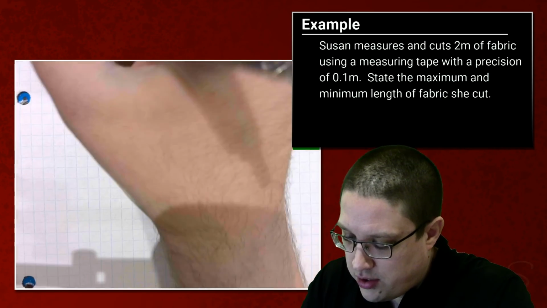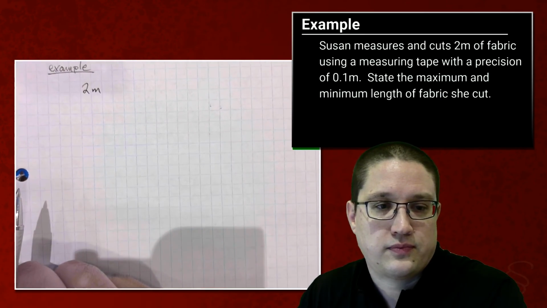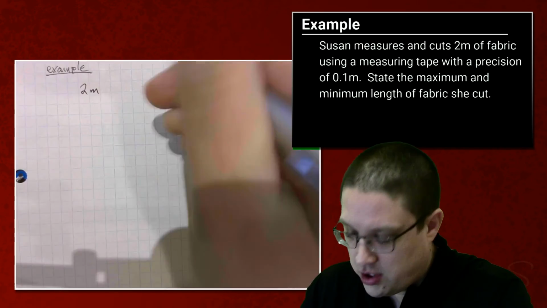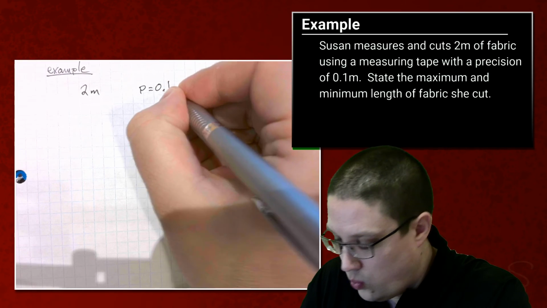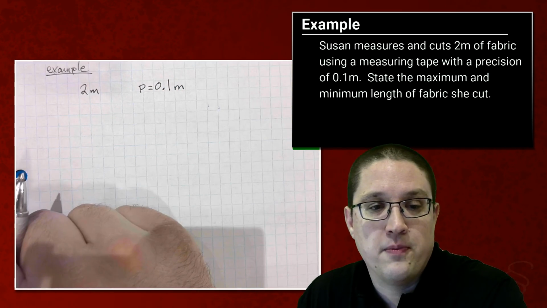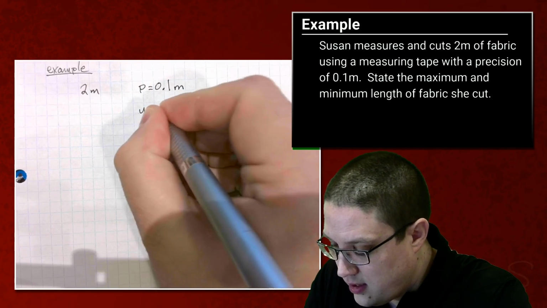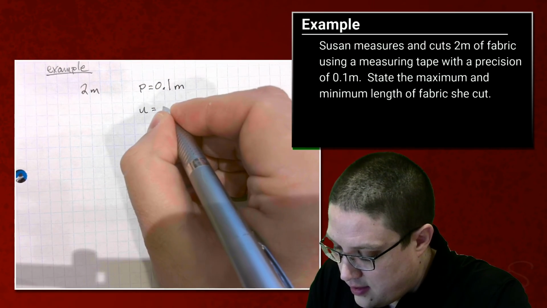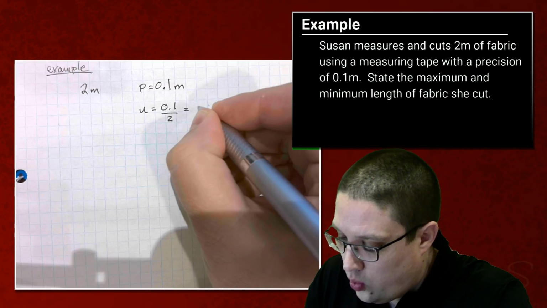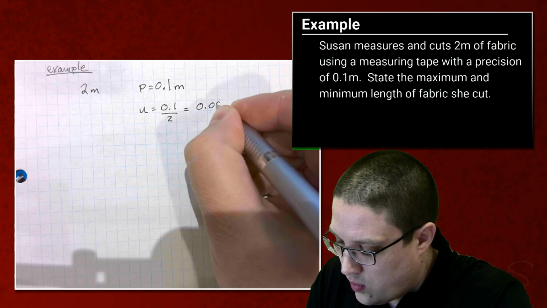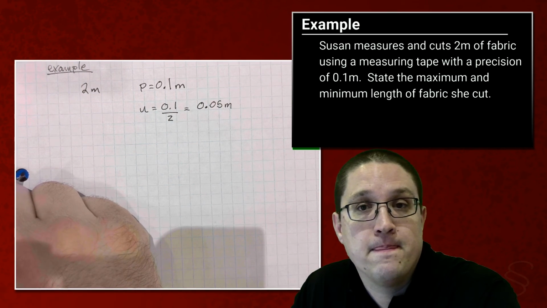If she measures 2 meters of fabric, and her precision is 0.1 meters, that means that her uncertainty is half of that, 0.1 divided by 2, or 0.05 meters. There's her uncertainty.